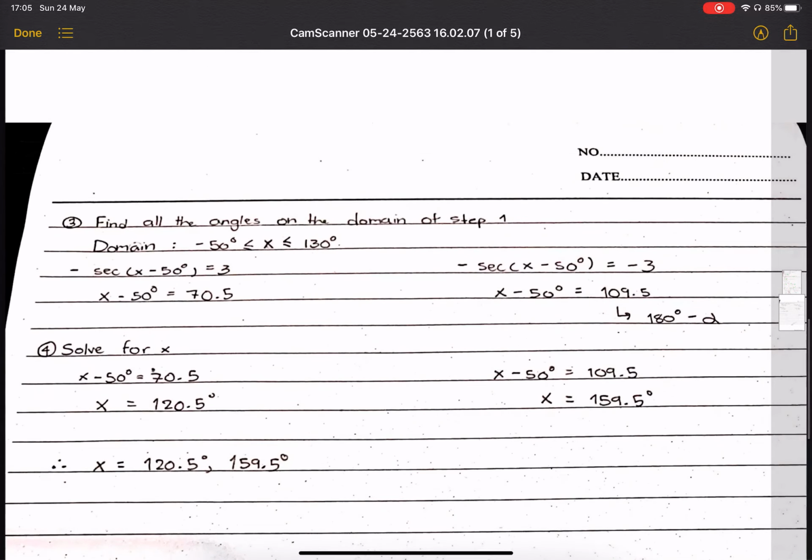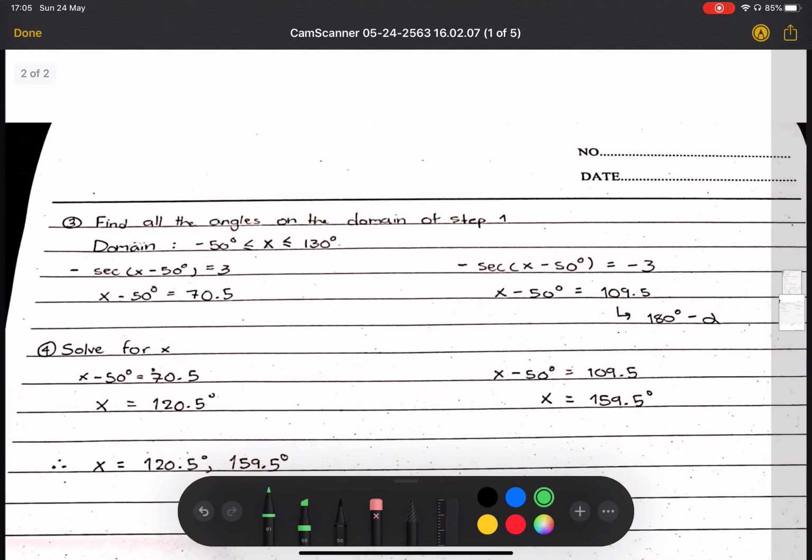Next, we have to find all the angles in the domain of step 1. The domain of step 1 is x minus 50 has to be, sorry, I wrote something wrong, x minus 50 is between negative 50 and 130 degrees.